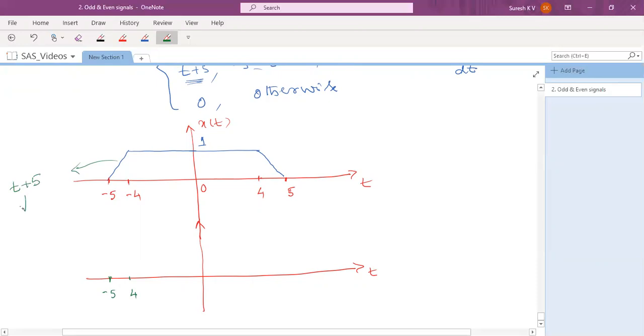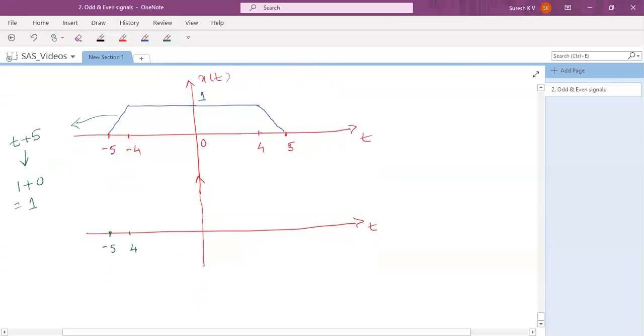So when I differentiate this with respect to t, I'll get 1 and the differential of the constant is 0. So I'll get a constant as 1. Therefore, from minus 5 to minus 4, the signal looks like this, the magnitude is equal to 1. And from minus 4 to plus 4, the value here is 1. The differential of a constant is 0, so I'll get it as 0.